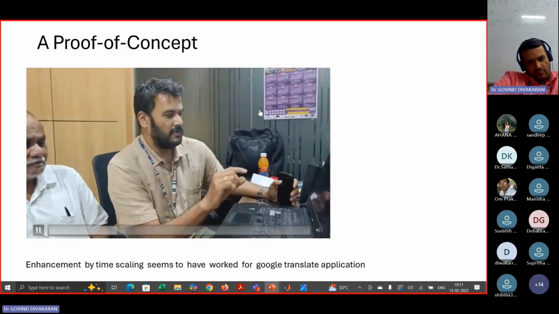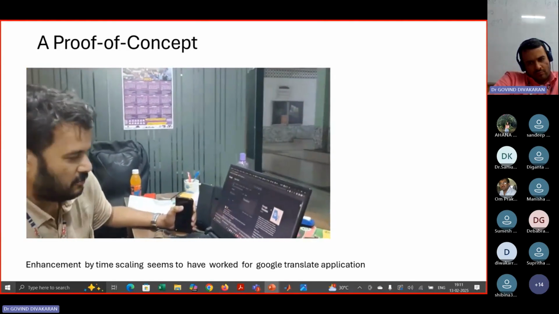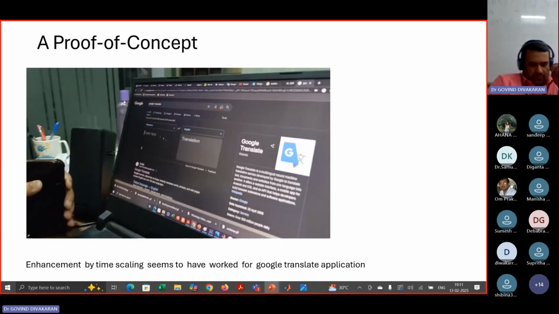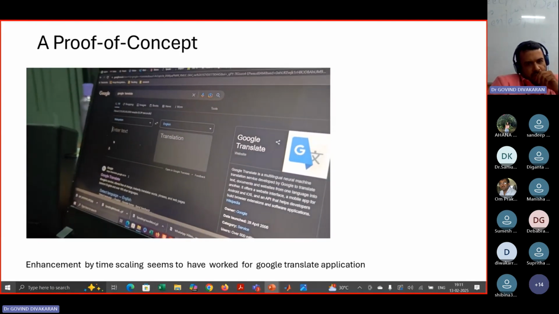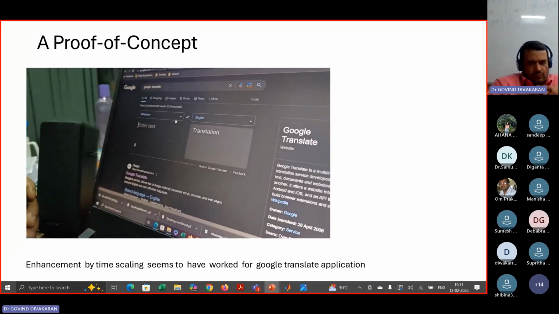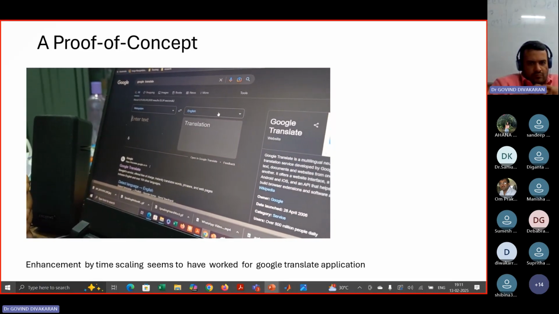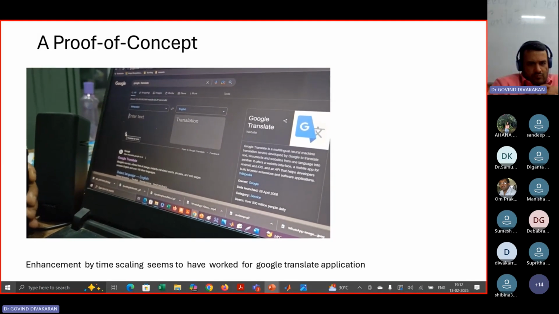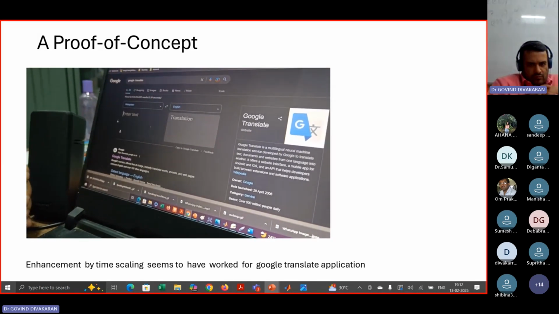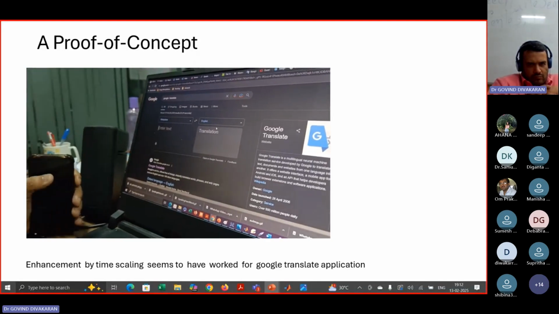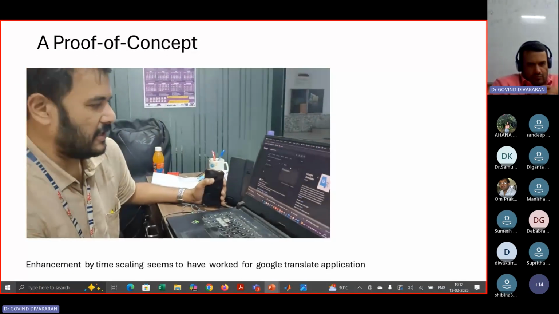Here I'll show you how this application has to be used. You can type in Google Translate. Here I have selected Malayalam as the input language, and the output is English. I am going to record some voice, so the system will recognize what I spoke in Malayalam and convert it to the target English.